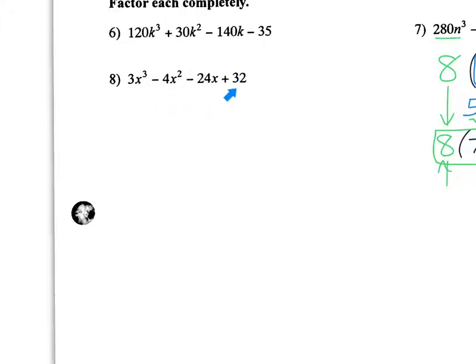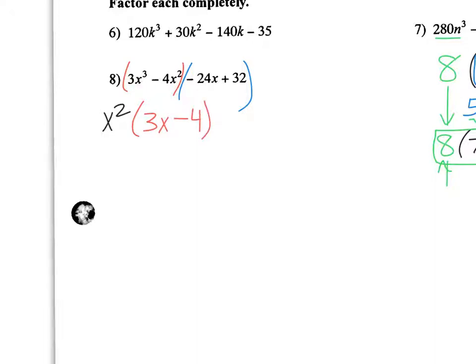So I group the first 2 and group the second 2. In the first 2, they both have x's, so I can take out 2 of them. That's going to leave still the 3, because 3 and 4 have no common factor but 1. That still leaves an x. In the second group, it just leaves a 4. Okay, next one. Pay attention to your sign again.